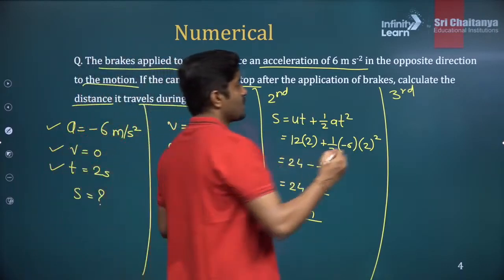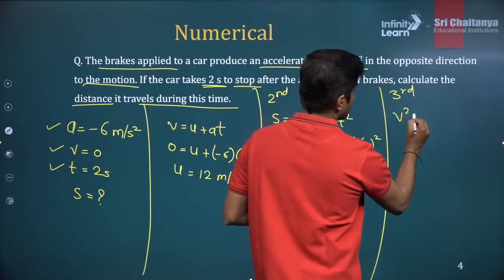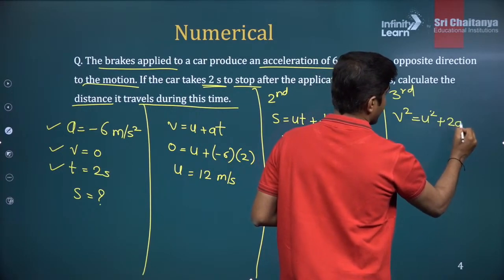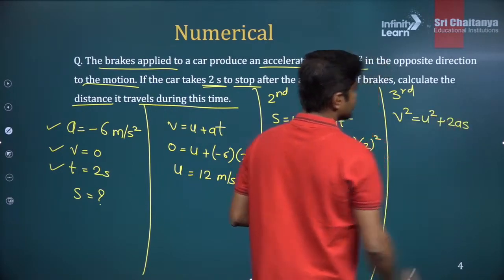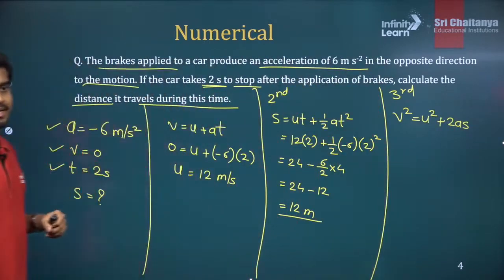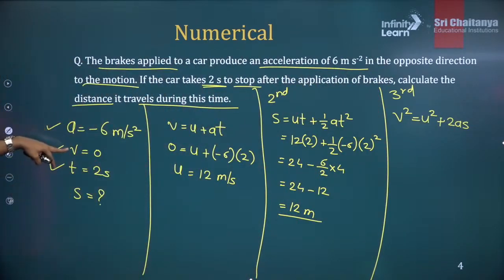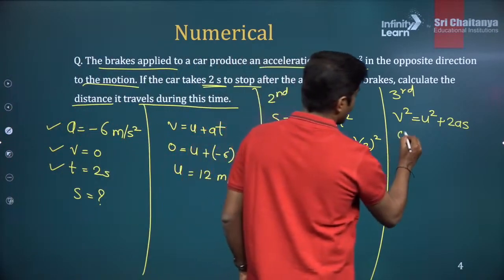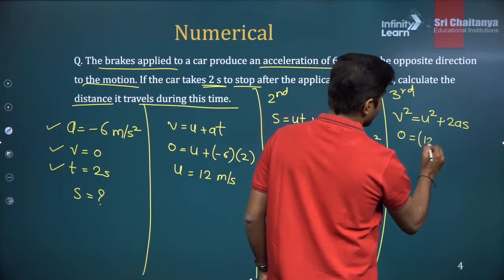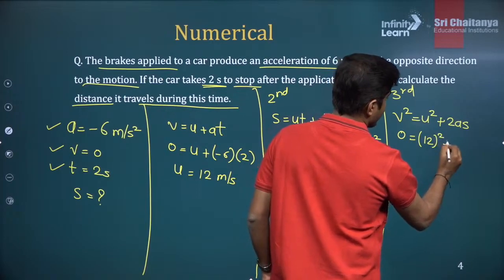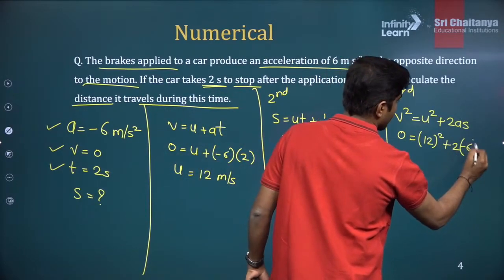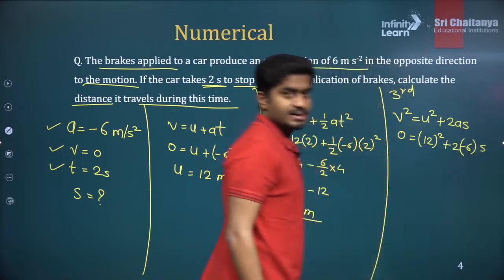Let's find out. So the third equation is v square is equal to u square plus 2 times a into s. This is the third equation, correct? So what is v? V is 0, u is 12. So substitute that, v is 0, u is 12 square plus 2 times what is a? A is minus 6 multiplied by s.